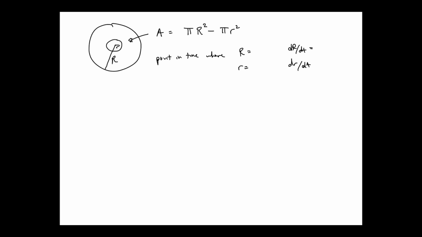What's it? 10? And what was the rate at which the outer circle was expanding for the radius? Okay, and what about the inner circle? What were its numbers? Radius of 3 and rate was 5.